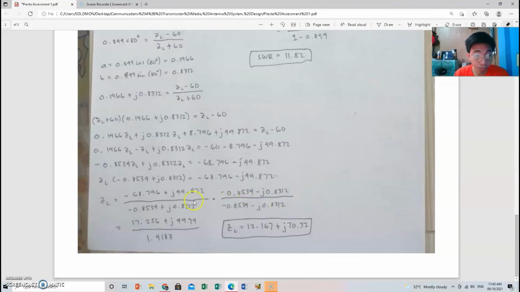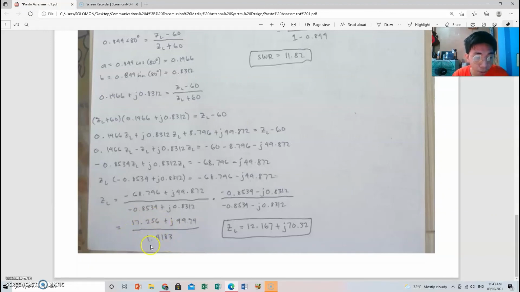And by distributive property or multiplication of fractions, just multiply these two, and the answer will be equal to 17.256 plus J 99.74 over 1.4183.